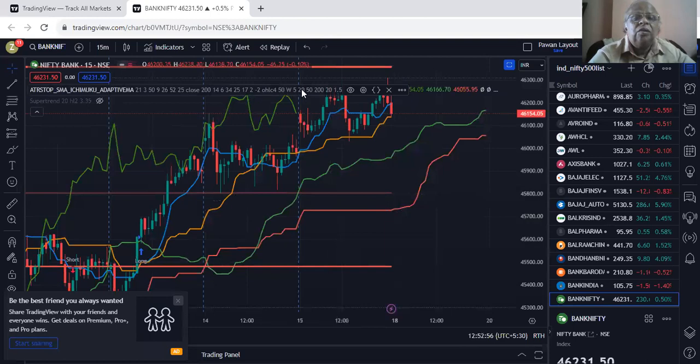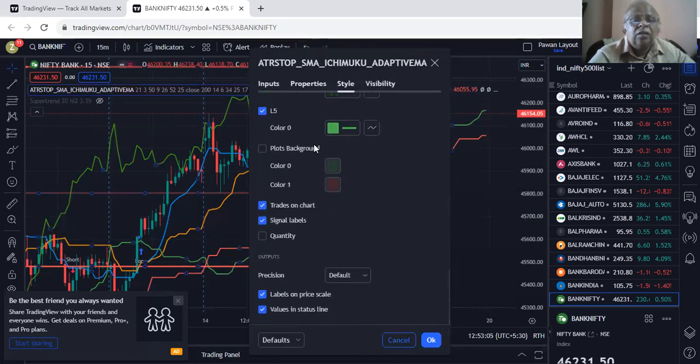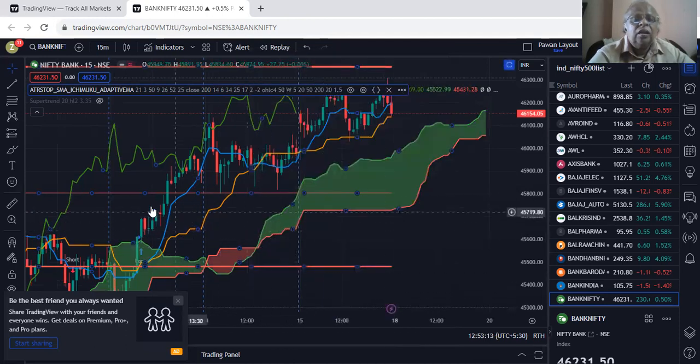So how does the system look? Just see. This is the complete Ichimoku trading system, where you are seeing the difference and the green cloud being generated. This is the difference between span B and span A where the red cloud is being generated.